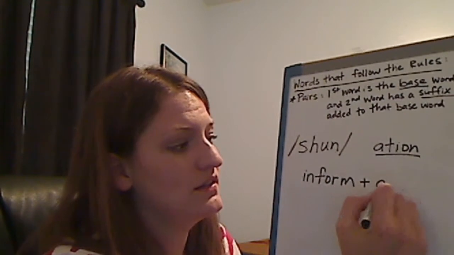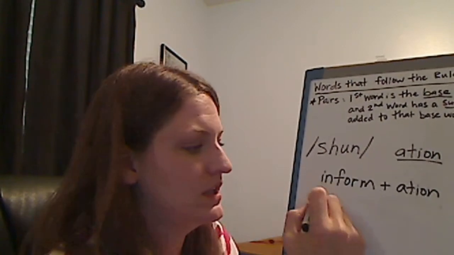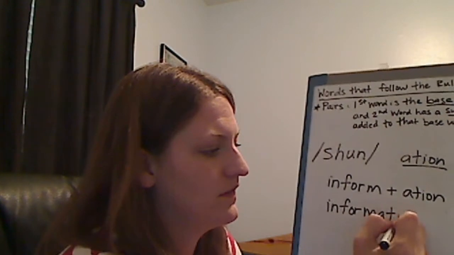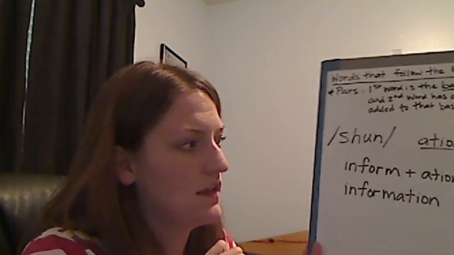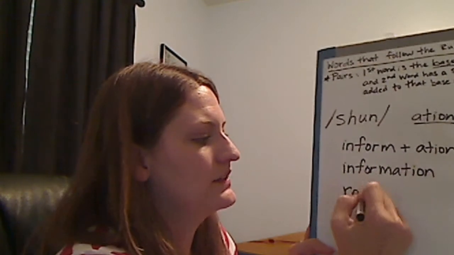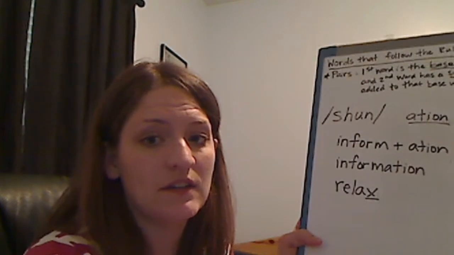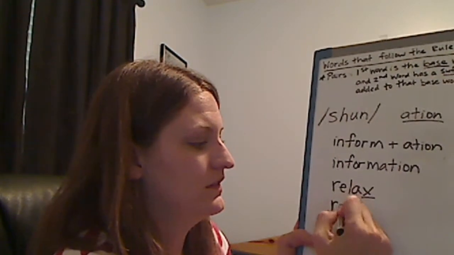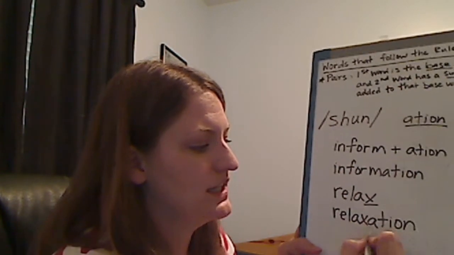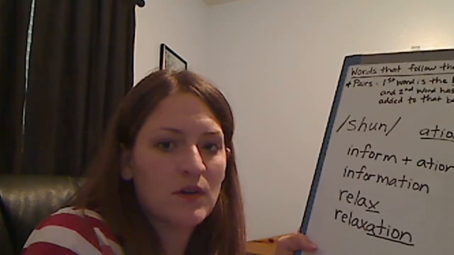I add ATION when I want to form the word information. So I would write it like this. Okay. Now another word on your list, relax. I'm also going to add the ATION to this word to form the new word, relaxation. Okay, so that is just a review about the shun suffix that you're going to use this week.